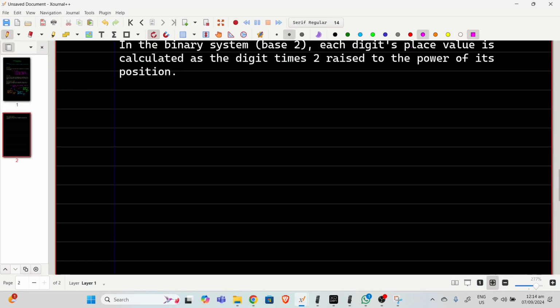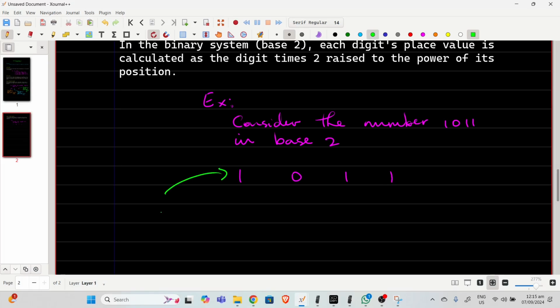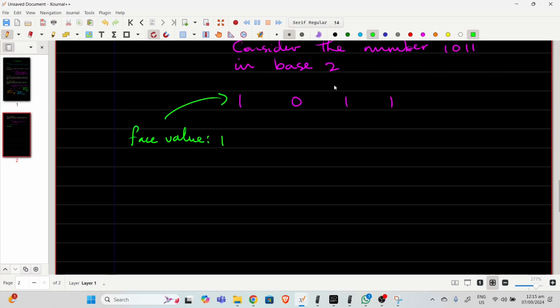So example, let's consider the number 1011 in base 2. So we have 1011 in the base 2 number system. Let's look at the front digit right now. We see our face value of 1, and it has a position.